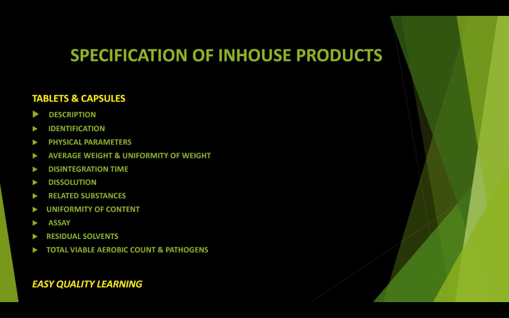Then your average weight and uniformity of weight, which is given in the general chapter of pharmacopoeia. Disintegration time is there, dissolution is there, related substances is there, uniformity of content if it falls in the range of uniformity of content, assay, residual solvents and total viable aerobic counts and pathogens as a microbial profile.